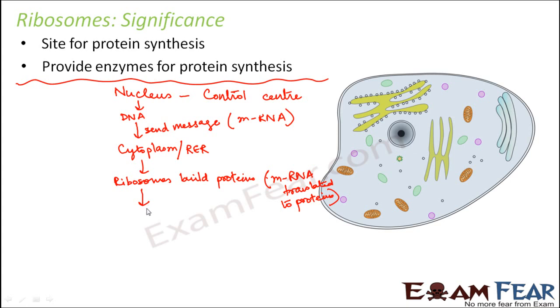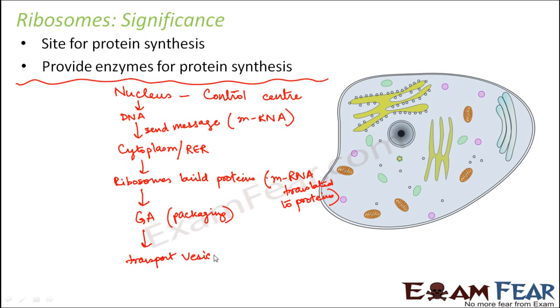From the rough endoplasmic reticulum, the proteins are sent to the Golgi apparatus for packaging. Within the Golgi apparatus, some modification can also take place to the proteins, and then the Golgi apparatus will pack them into transport vesicles.